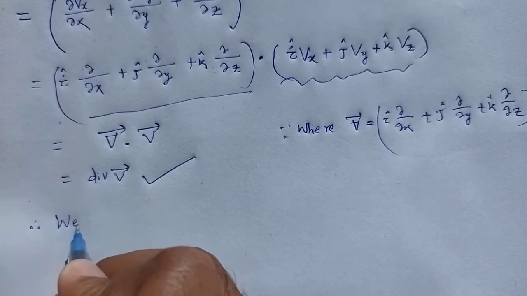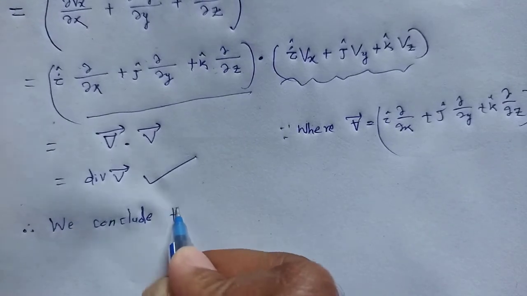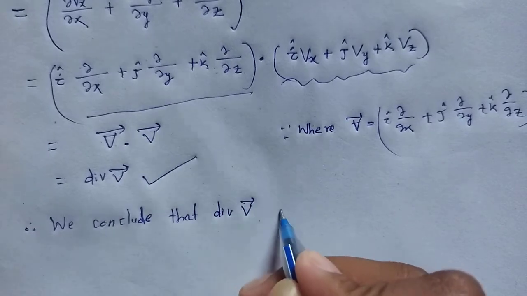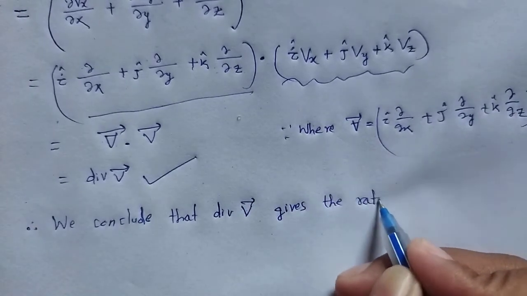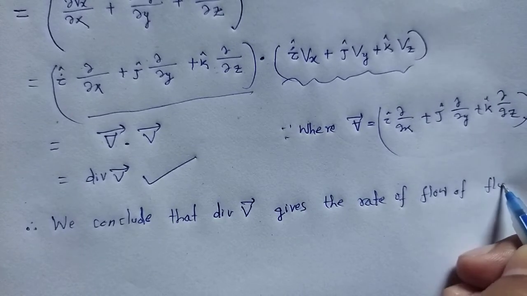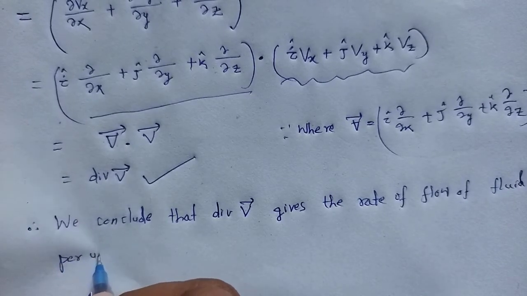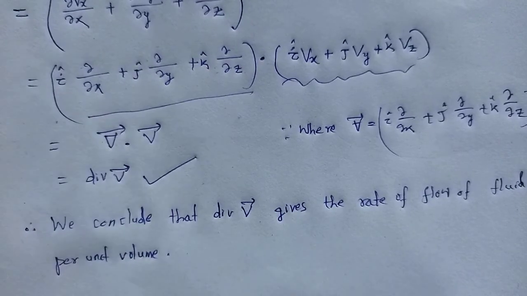We conclude that the divergence of V vector gives the rate of flow of a fluid per unit volume. That means the divergence of V gives the rate of flow of fluid per unit volume.